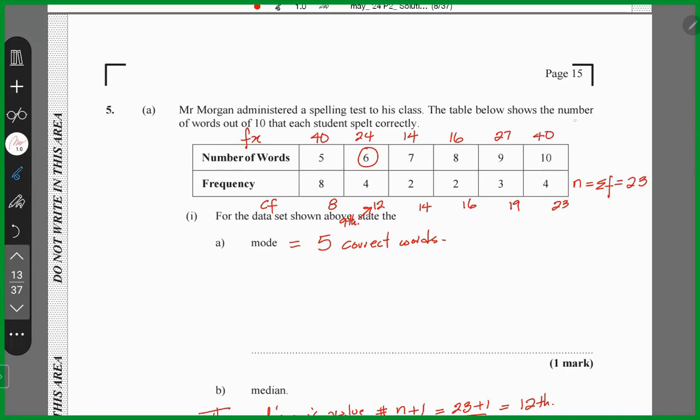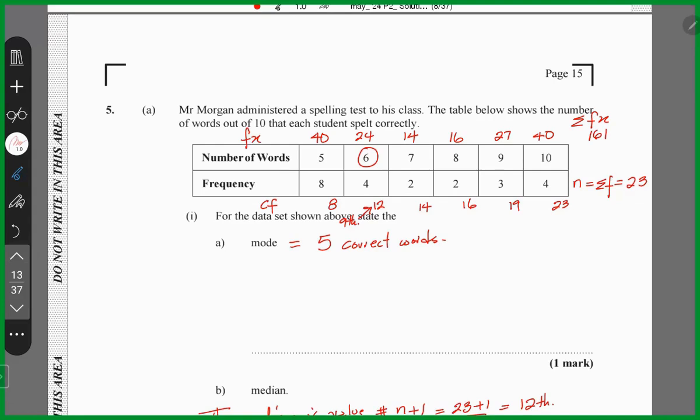I also need the sum of fx, because remember the mean is the sum of fx divided by n. Please bear in mind, fx is the frequency times the value. So let's get the sum of fx. That's 40 plus 24 plus 14 plus 16 plus 27 plus 40. This looks like 161.